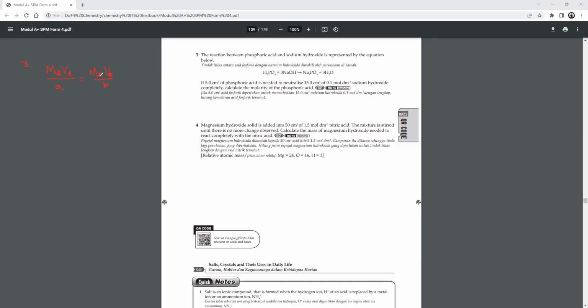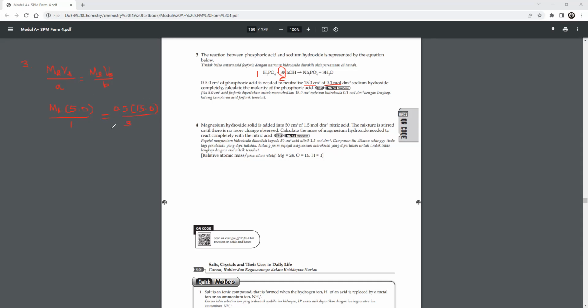0.1? All right, we try. This is 1, this is 3, right? So for the acid, M, I don't know. MA, I don't know. VA, 5.0. Number here is 1. Now I use alkali, M times V, 0.1 times 15.0, over 3.